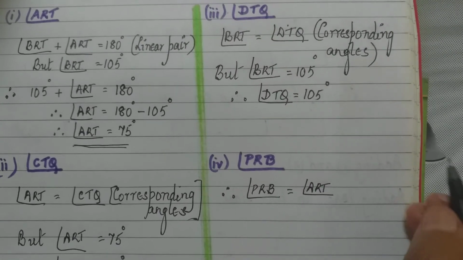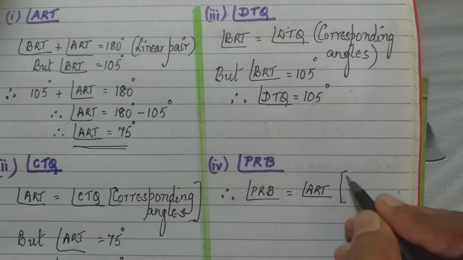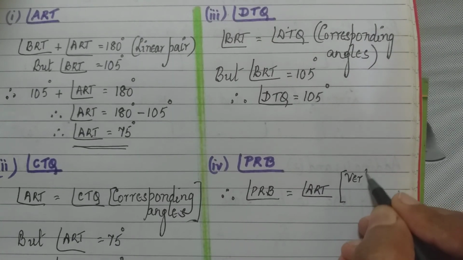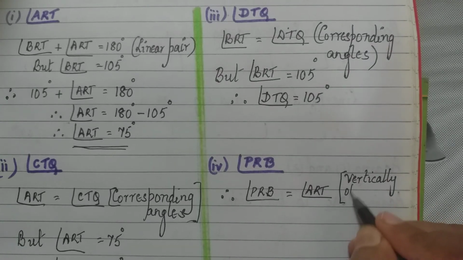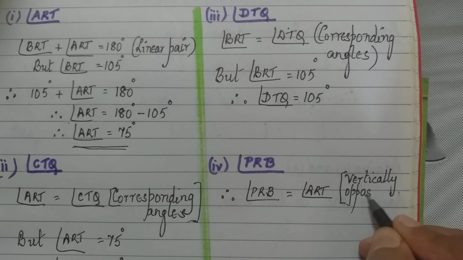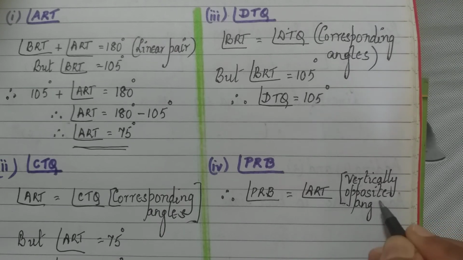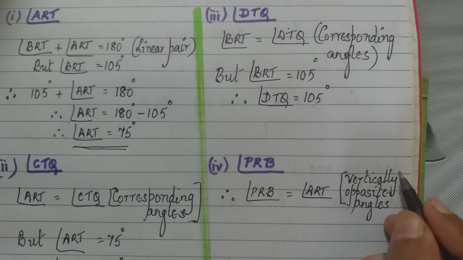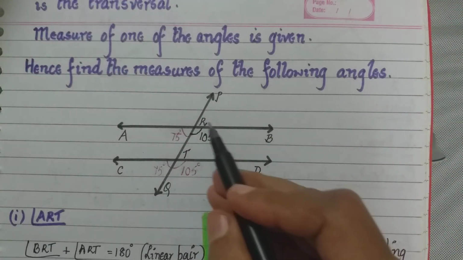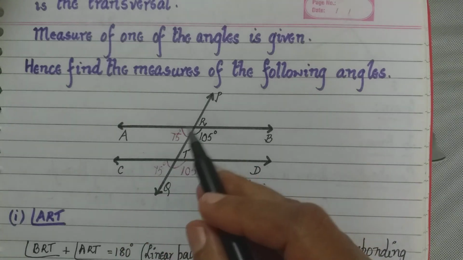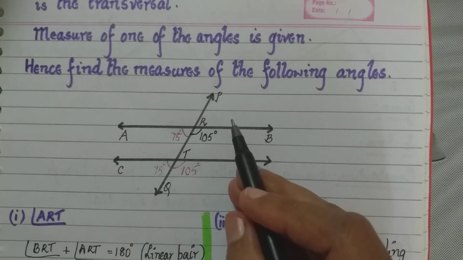The reason we said just now, they form a pair of vertically opposite angles. Again we look at it, angle PRB is equal to angle ART because they form a pair of vertically opposite angles.